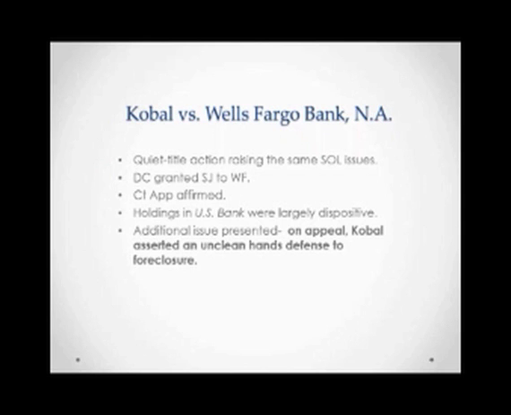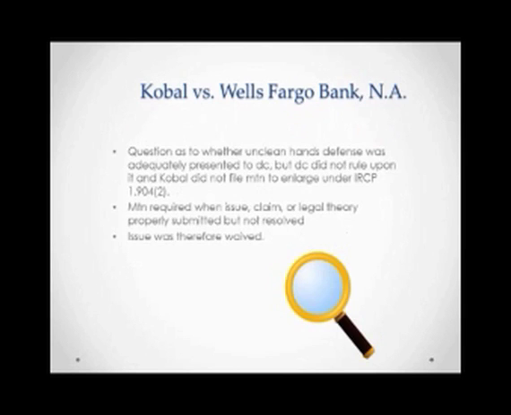So Kobal v. Wells Fargo addressed the same issues, but also included a different issue on appeal, which was that there Kobal asserted an unclean hands defense to the foreclosure action. So the court first raised the question as to whether that was even properly presented to the district court, but they found that the court didn't rule on it, and since Kobal didn't file a motion to enlarge under 1.904, that issue was waived.